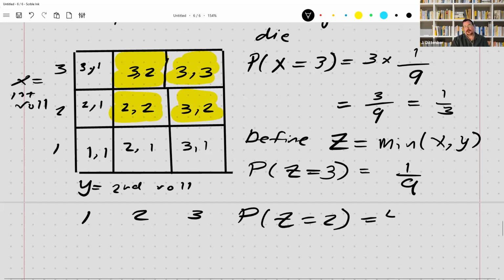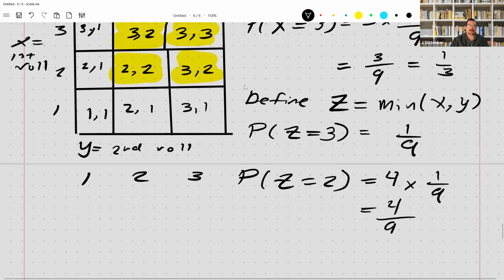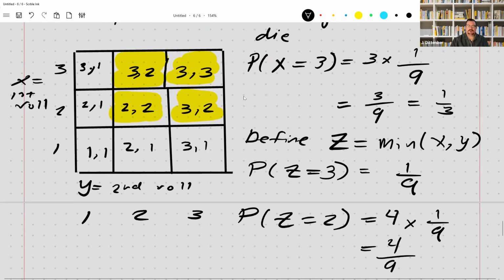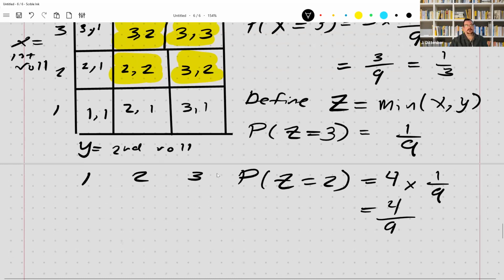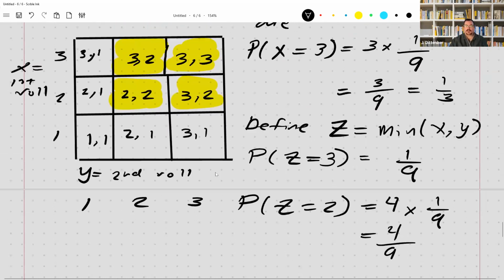So I'm going to get 4 times 1 over 9, which is going to give me 4 ninths. It's going to be a repeating decimal, so I'll leave it like this.